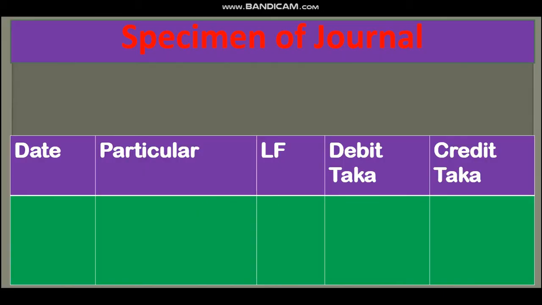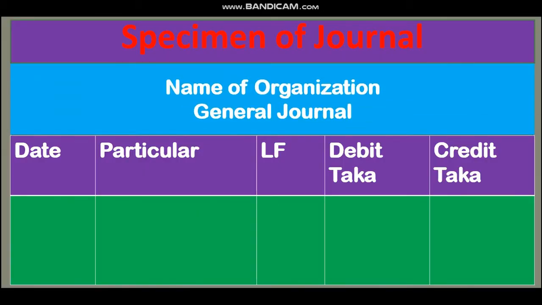Dear student, now look at a specimen of a journal. That means this is the format of how we will solve journal. At first you have to write the date of occurrence, such as on 1st January started business with cash taka 50,000. So at first you will write the date.